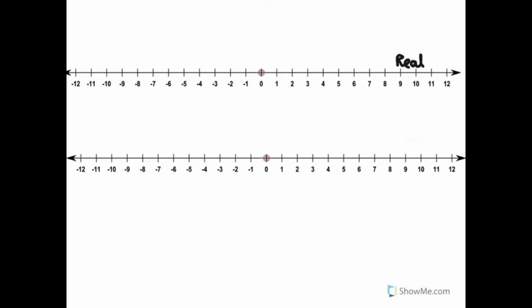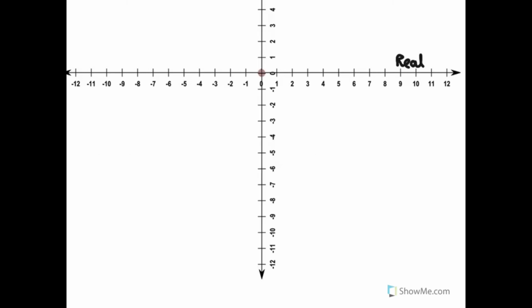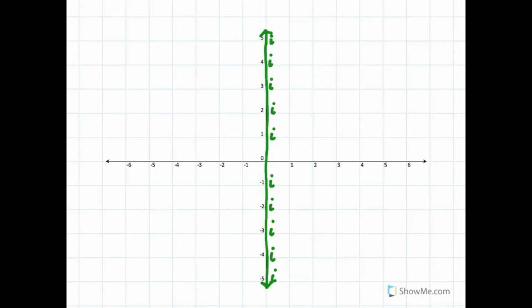Now, if we take this imaginary number line and make it vertical, like the y-axis, we can have a whole plane of imaginary and real numbers together. The sum of a real number, like 3, and an imaginary number, like 2i, is considered to be a point in the plane. So we would write this point as 3 plus 2i.